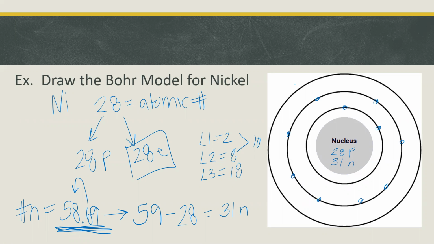So we only need 3 levels in this case. 1, 2, 3, 4, 5, 6, 7, 8, 9, 10, 11, 12, 13, 14, 15, 16, 17, 18. And adding all this up gives us 28. So this is a Bohr model for nickel. Levels 1, 2, and 3 are filled in completely.